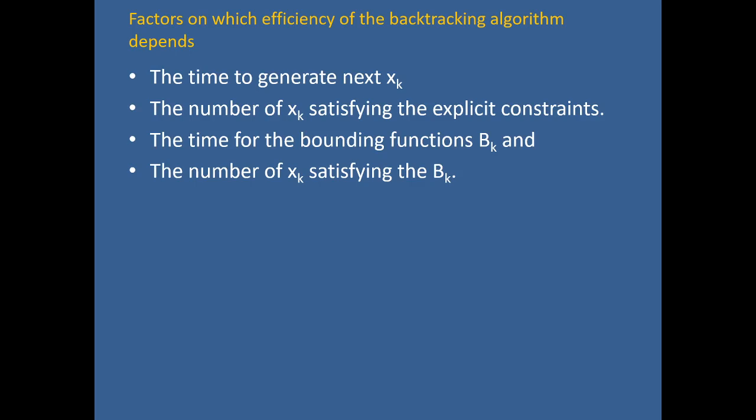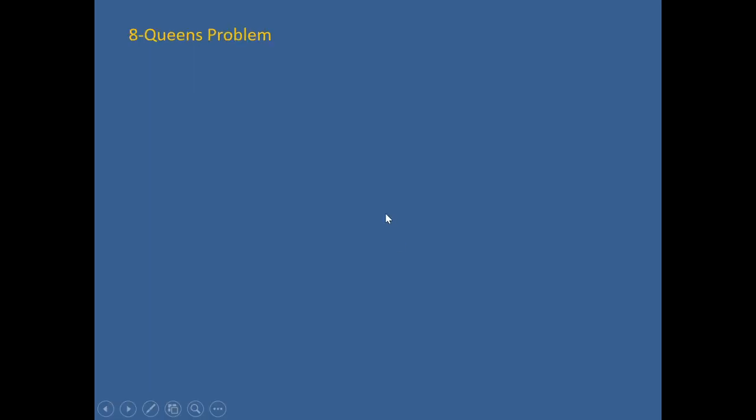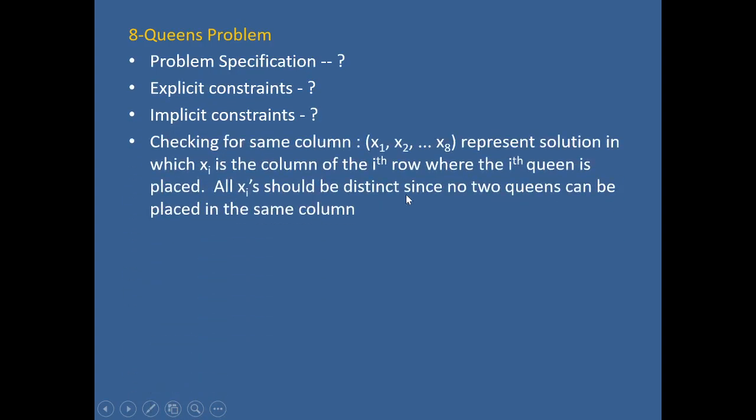After that, if I take up this xk, is it satisfying the explicit constraint or not, and you need to check the bounding function, so which xk value is satisfying the bounding function. All these you need to check while writing the program. These will take the time for generating the answers. This is all about the introduction to backtracking.